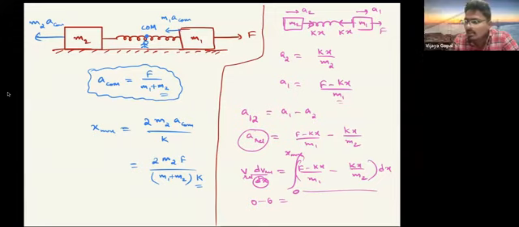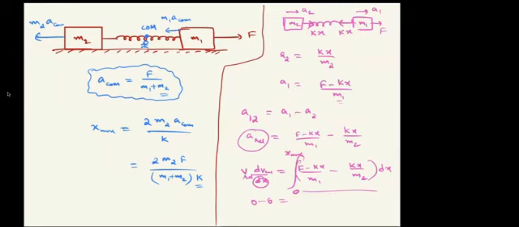Here x is not the separation between the blocks, x is the extension actually. So the initial extension is 0, and we go until x max. When you solve this, you are going to get x max, or not? Is it clear? Understood both the methods?